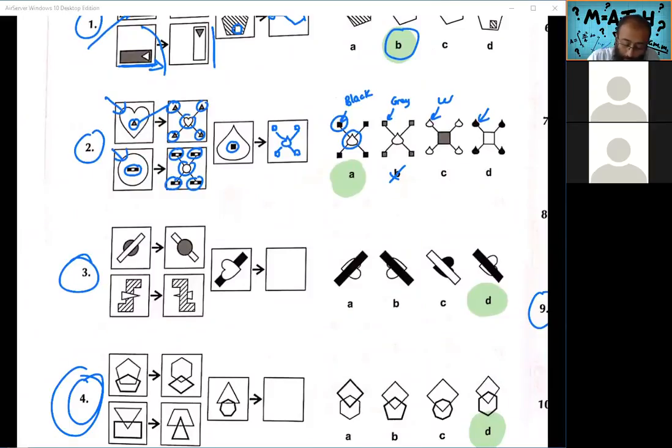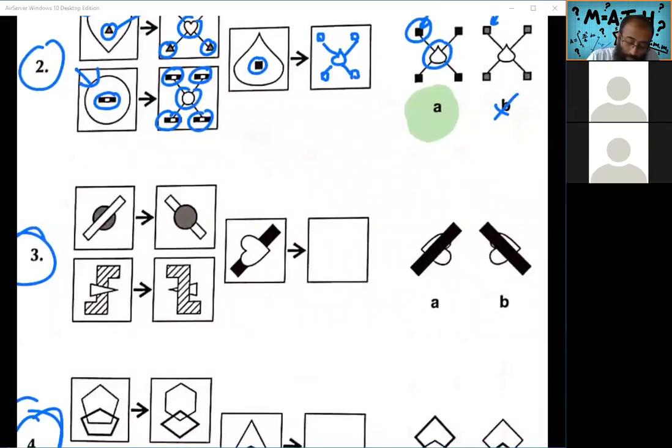Okay, question number 3. We have our shape facing towards the right. It looks like it's been reflected, going towards the left. Then we have the situation where the circle is behind the shape, and now the circle is in front of the shape. So what was in front has gone behind, and what was facing this way has been reflected, as if they put a mirror here.